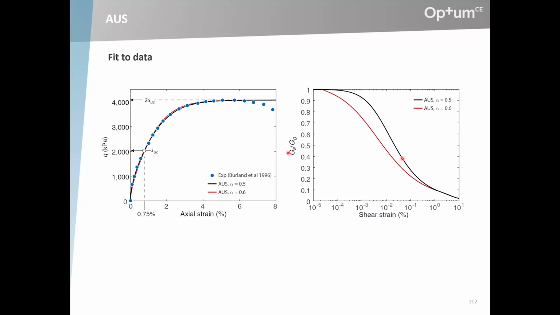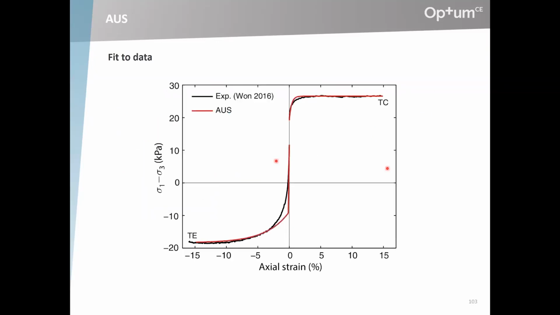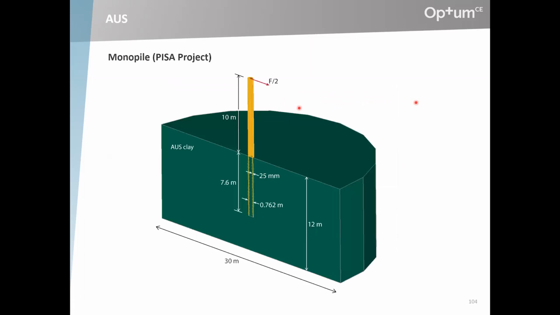So this is the secant modulus versus the shear strain. If you're interested in the very small strain range, the model has some capabilities there as well. And extension and compression tests, not perfect fits, but of course we hit the strength, because that's very much an input parameter.